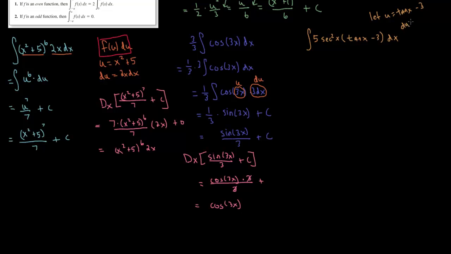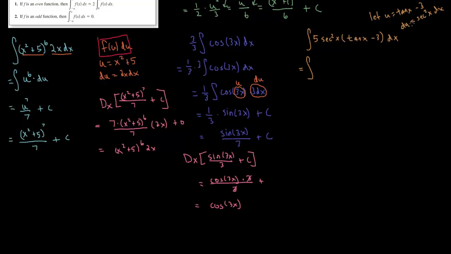The differential du, what's the derivative of tangent x? That's secant squared x. What's the derivative of negative 3? It's 0, so it's dx. So what do you notice here? We have u here inside the parentheses. We have secant squared over here. We have a dx over here.